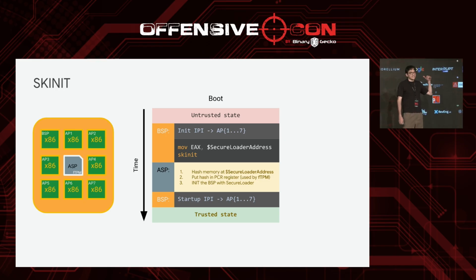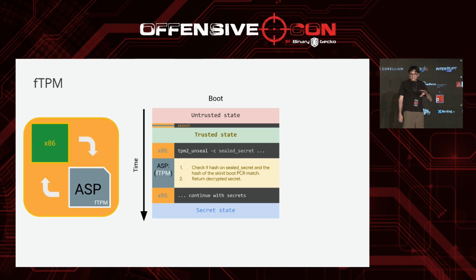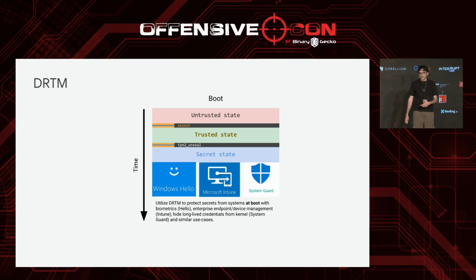Essentially, the way it works is that it kind of reboots. Not really reboots, but it reinitializes the core. You can see more or less what happens here if you're interested. But you reach a trusted state after you run this instruction. And after that, the TPM gives you some secrets. And this is the foundation for a couple of features like Windows Hello, Microsoft Intune, and System Guard.